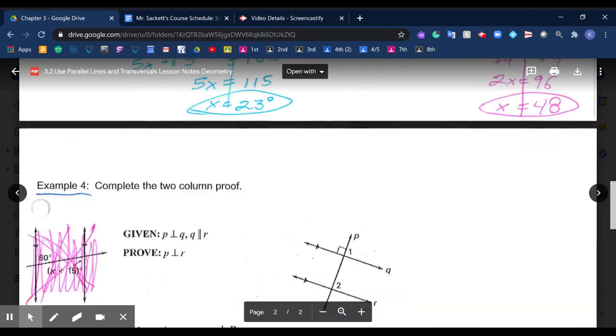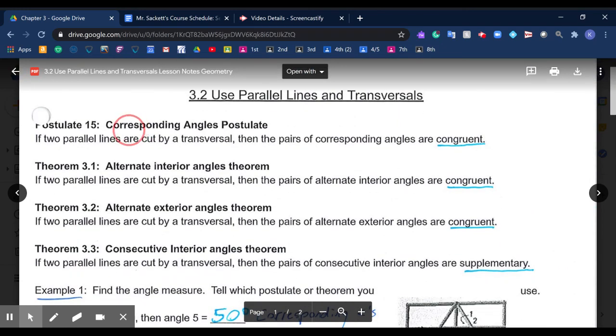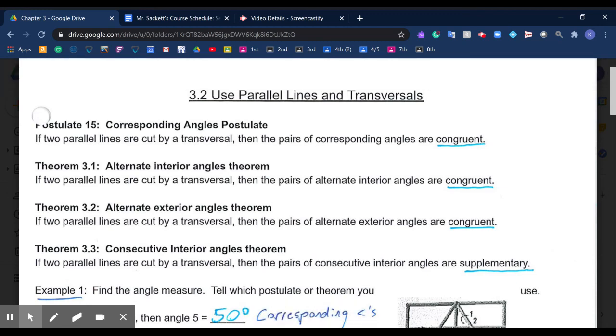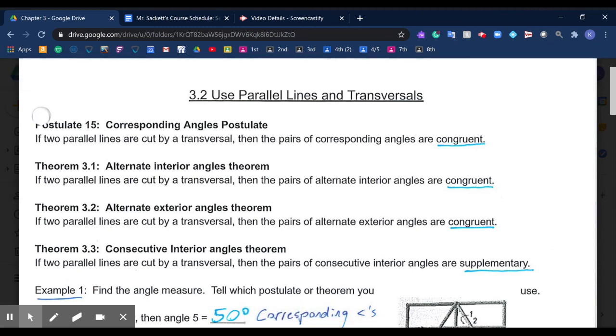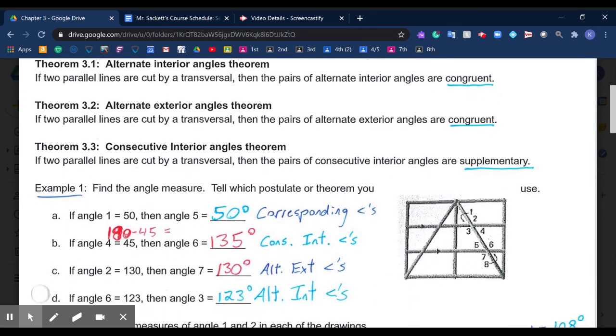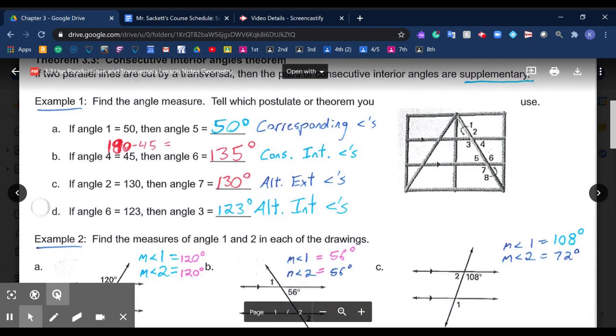So again, as you go through the practice problems, this new postulate and these three theorems create many different ways that we can use these angle pair relationships to help support reasoning and proofs, as well as figuring out different angle measures in diagrams.